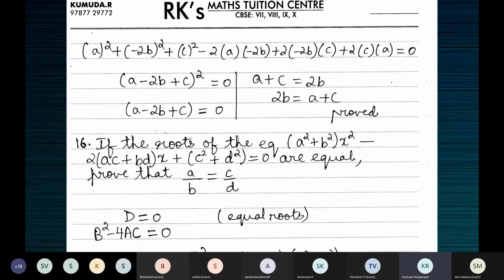Again, these two questions which we recalled or revised are really important.